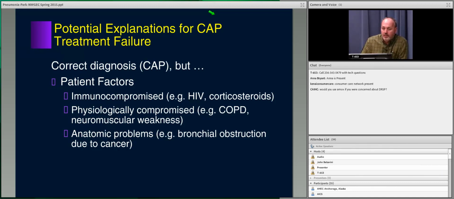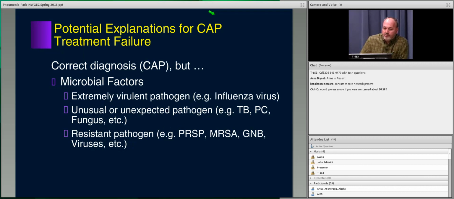Maybe you have the correct diagnosis, but there are patient factors impairing their response. They're HIV infected, they're on corticosteroids that you may or may not know about. They're weak or physiologically compromised by COPD or neuromuscular weakness. Or they have some kind of anatomic problem, a bronchial obstruction, for instance.